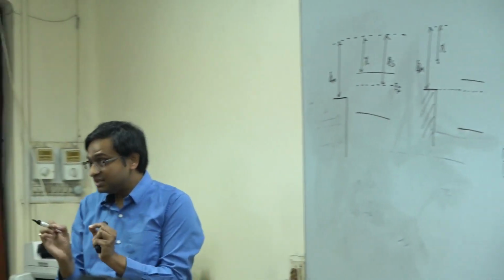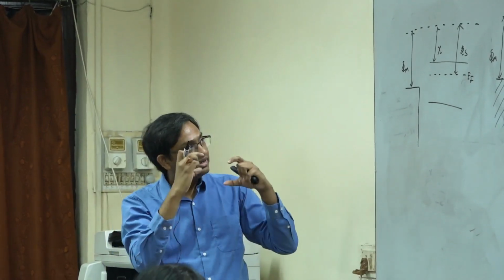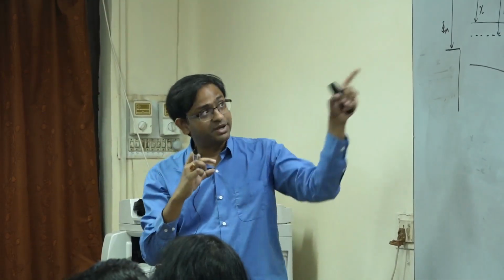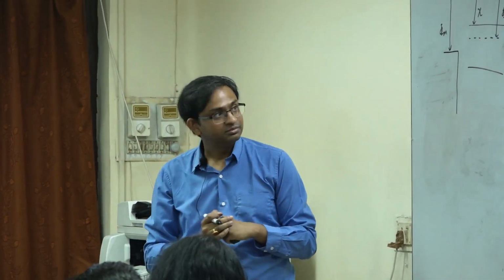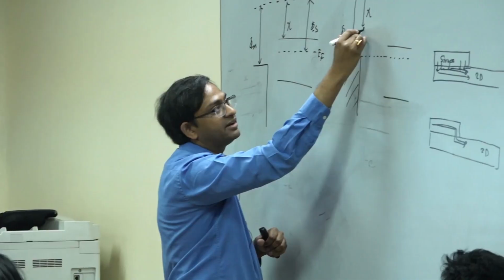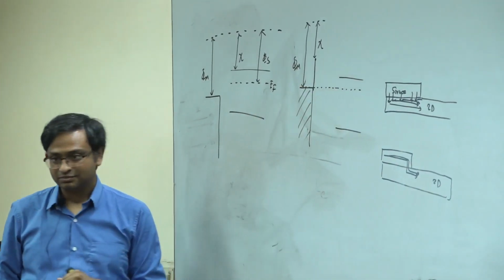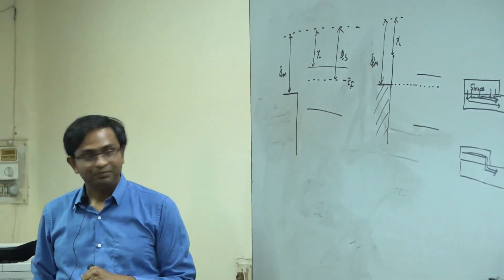I told you the distance has to be at the junction, they need to maintain their relative position with respect to the vacuum level. Correct? So therefore, there will be a barrier over here.